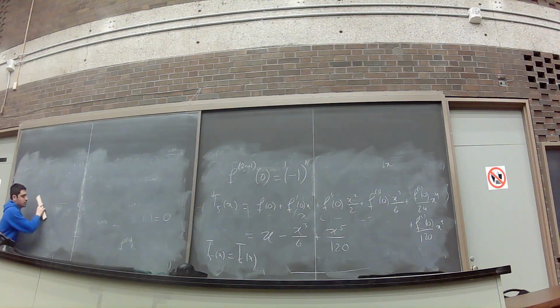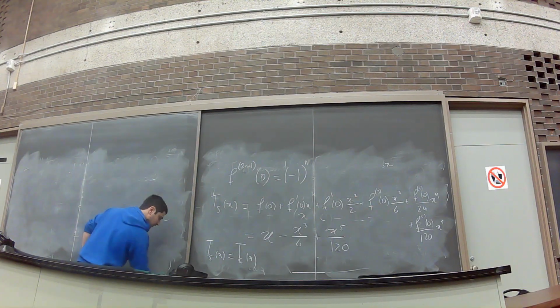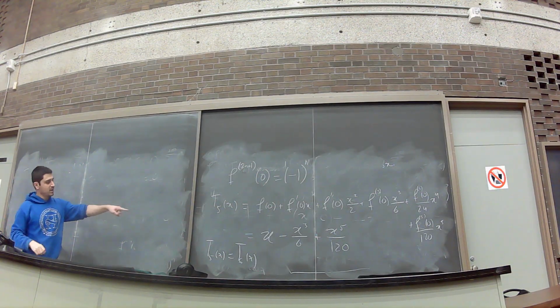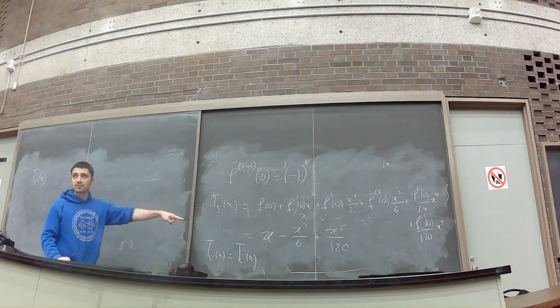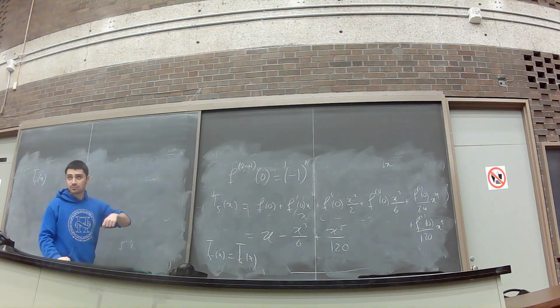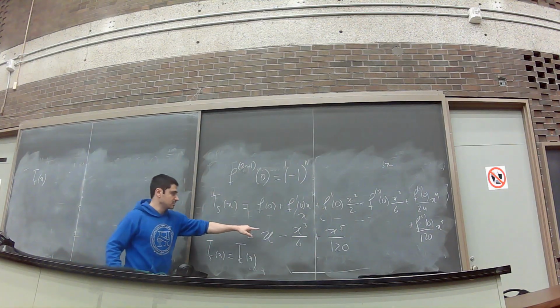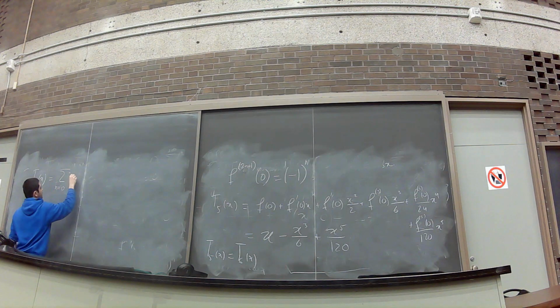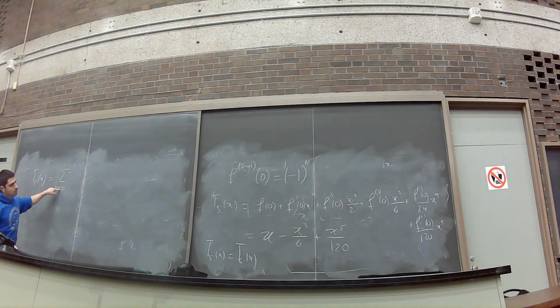So you're summing only odd terms. That's a very good question. I was going to do it later, but since you asked, let's do it now. T5 of x is x minus x cubed over 6 plus x to the 5 over 120, right? So you're just summing odd terms. Odd powers, basically. Let's write it this way. n equals 0. Let's say f 2n plus 1. So 1, 2, 3.